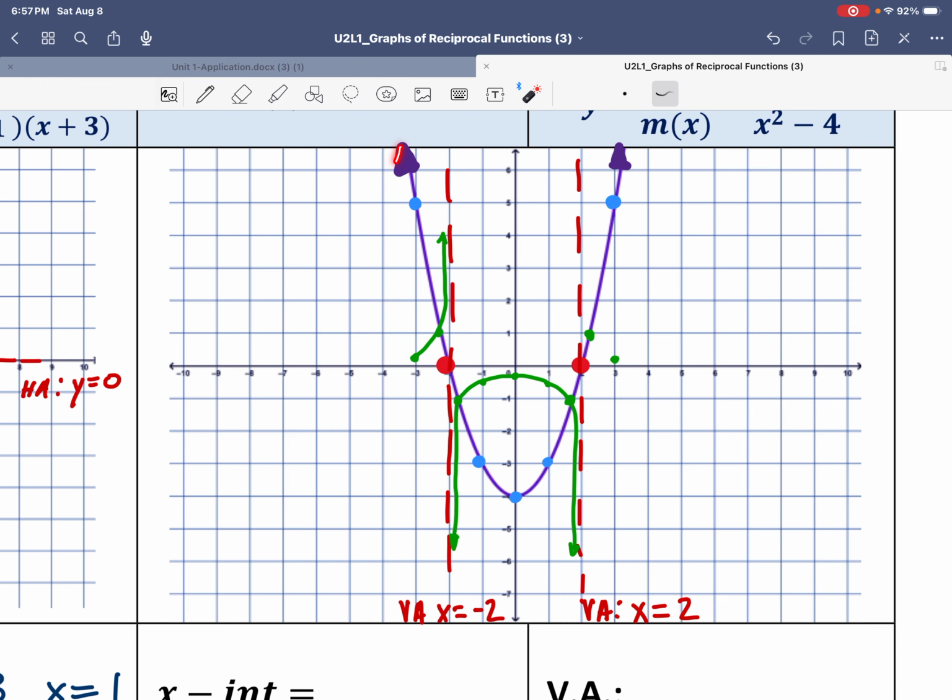As the y values approach infinity, the reciprocal will become close to 0. And as these y values also become positive infinity, the reciprocal will be close to 0. And as you can see here, the graph will get very close to the x-axis and never touch it, which means that the graph has a horizontal asymptote right at y equals 0.